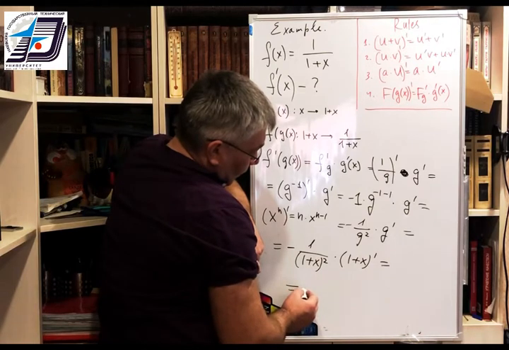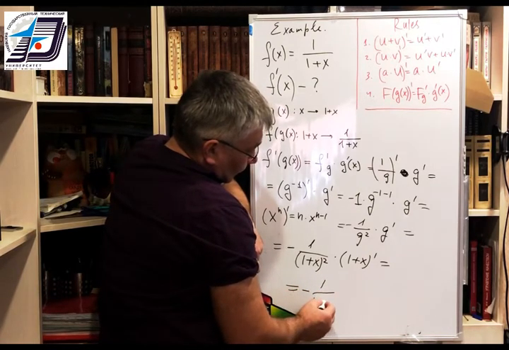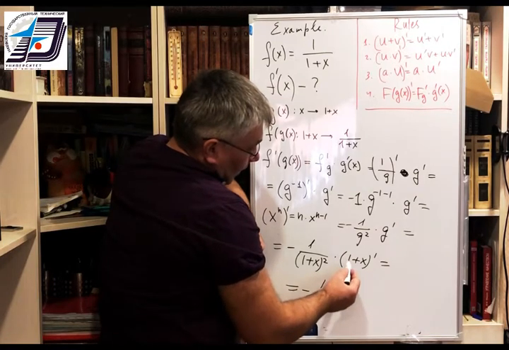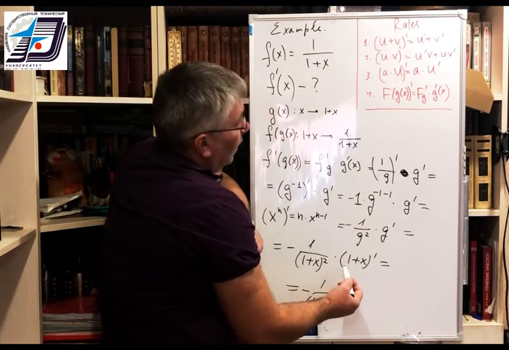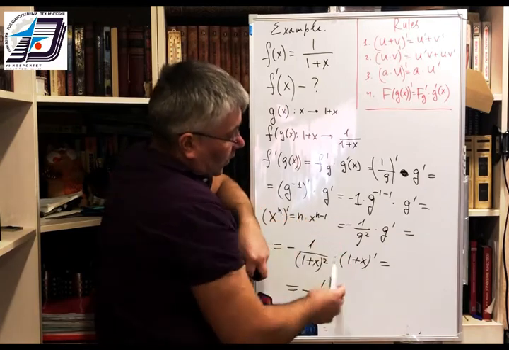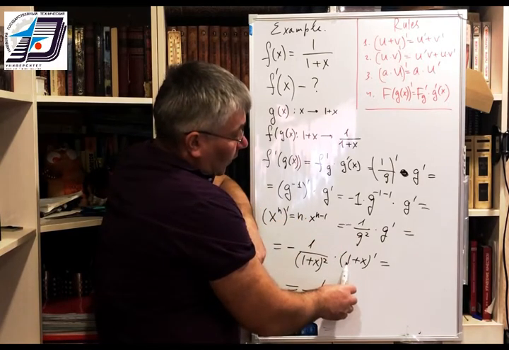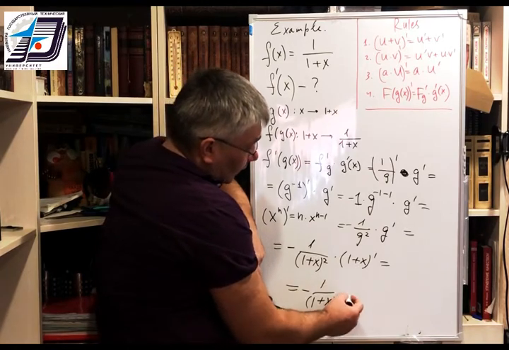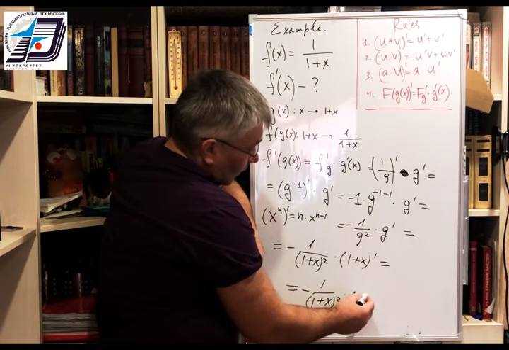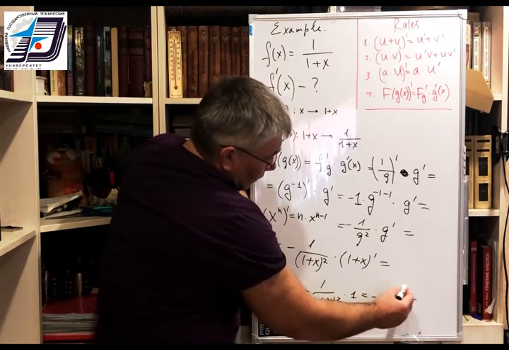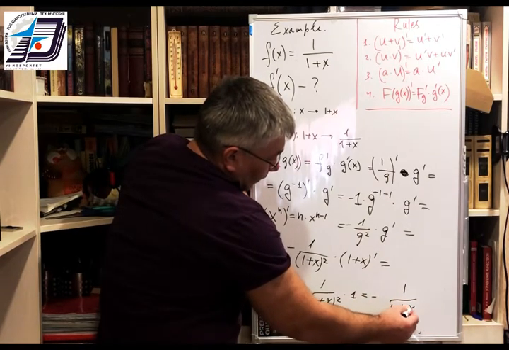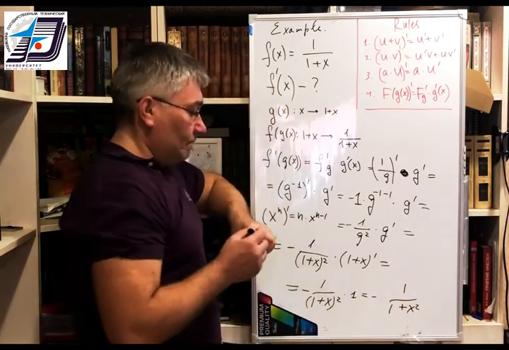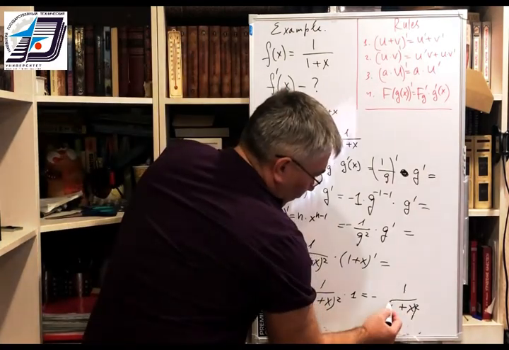The derivative of the constant gives 0, the derivative of x gives 1, so it is times 1, and the final result is minus 1 over 1 plus x squared, with the square beyond the brackets.